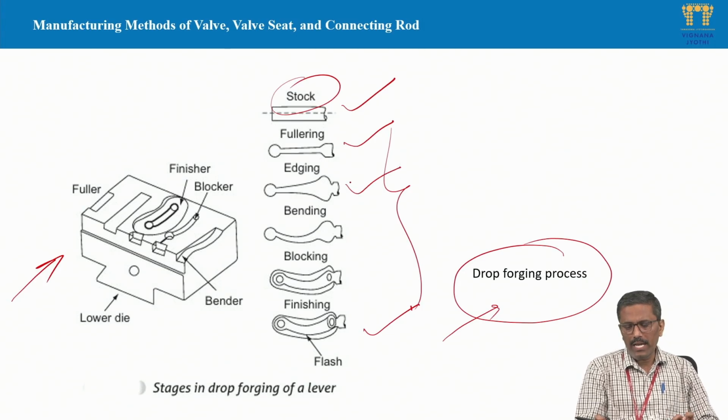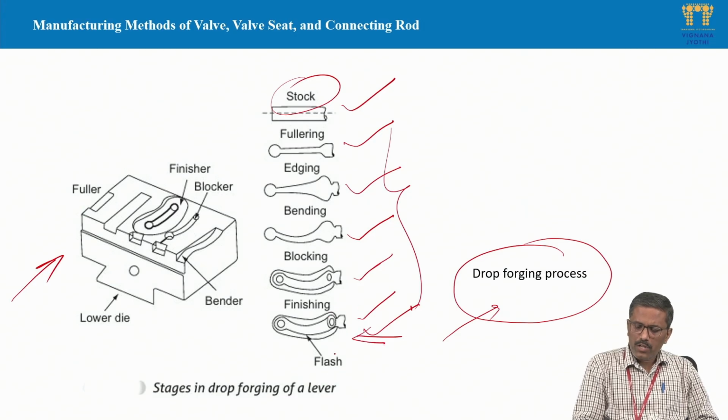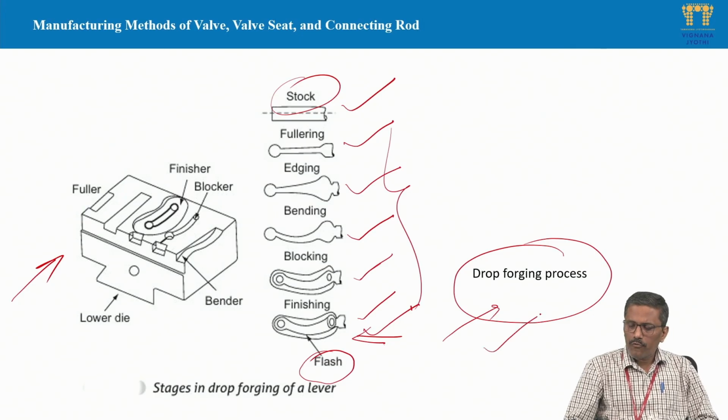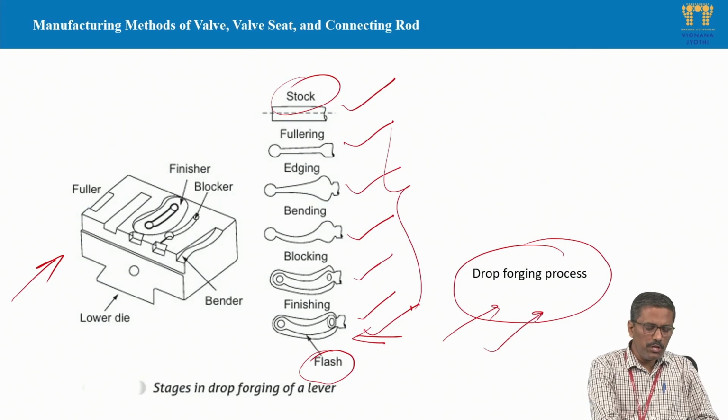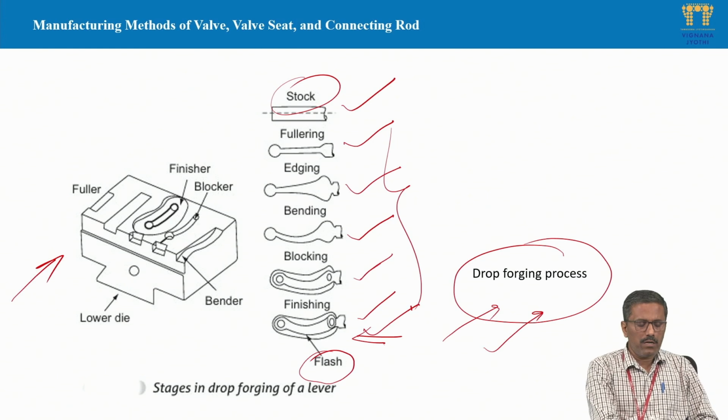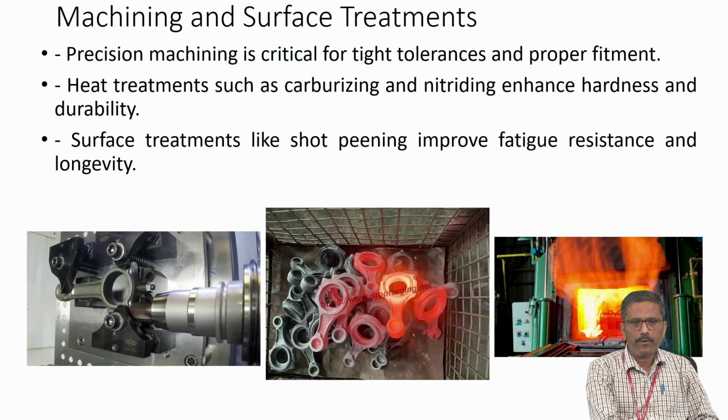So we get a middle or rough shape of the connecting rod, and then we bend it to the required dimensions, and then we go for blocking to get the pre-final shape of the connecting rod, and then we go for the finishing step, where we get the final shape of the connecting rod after removing the excess material in the form of flash. So this is the drop forging method, the mostly used method of manufacturing the connecting rod.